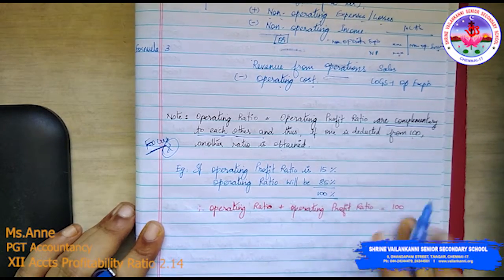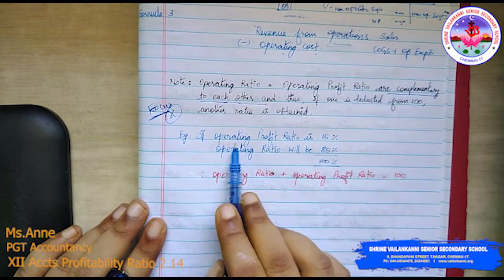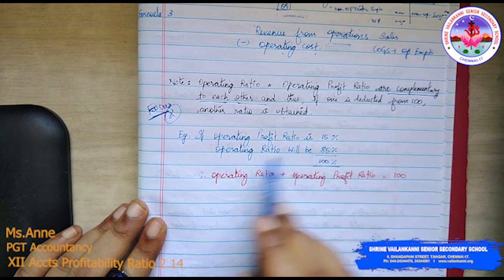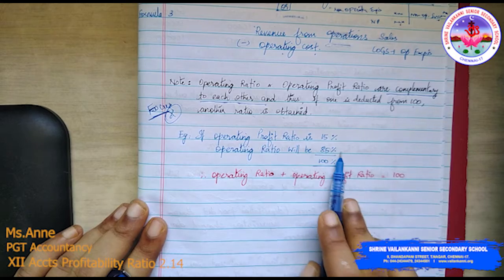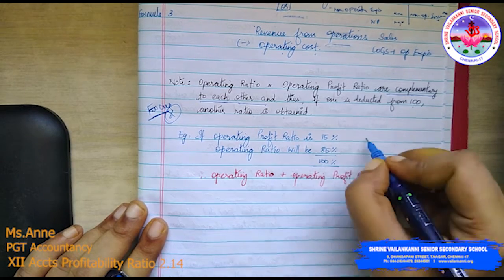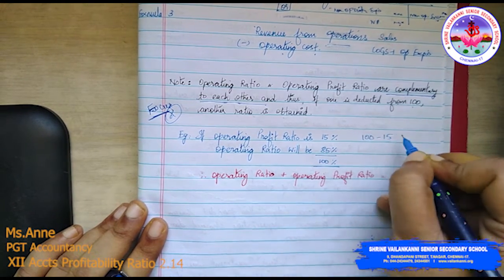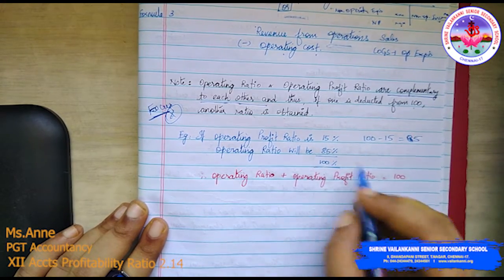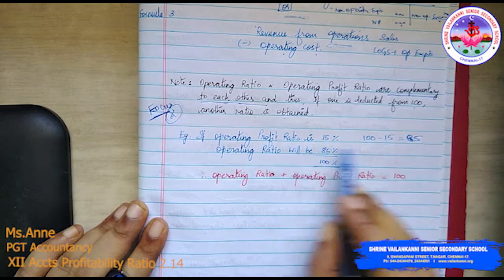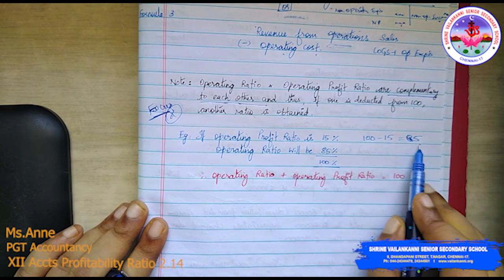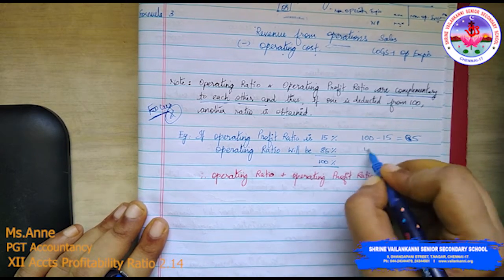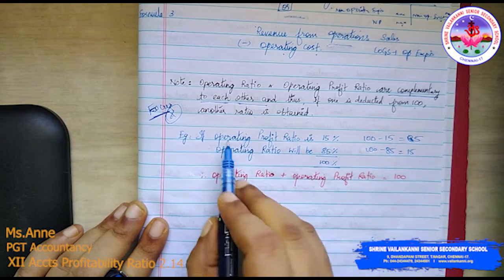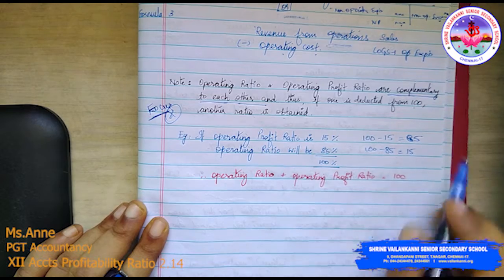I'll explain. If operating profit ratio is 15%, operating ratio will be 85%. If one is deducted from 100, you get the other. If operating profit ratio is deducted from 100, you get operating ratio. If operating ratio is deducted from 100, you get operating profit ratio. This is what it means.